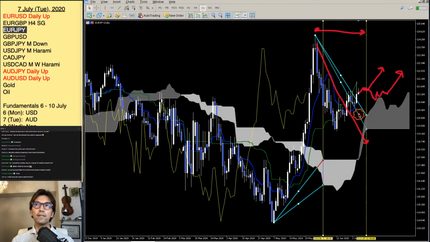But if the price remains above the Senko span B, then that means overall this is bullish.